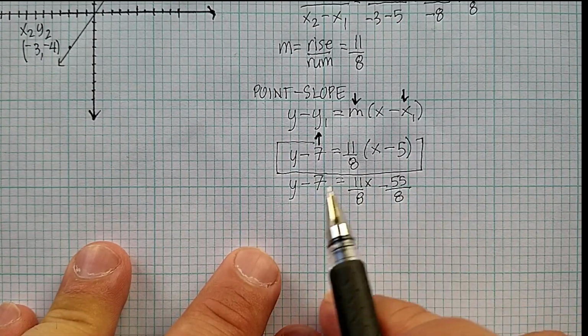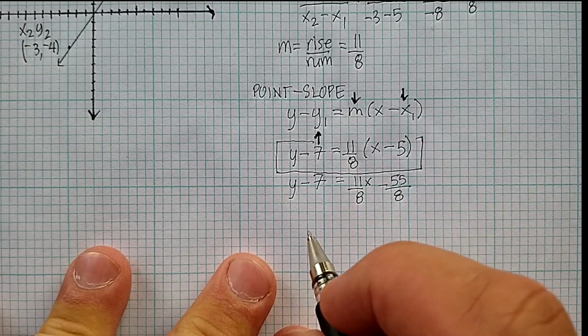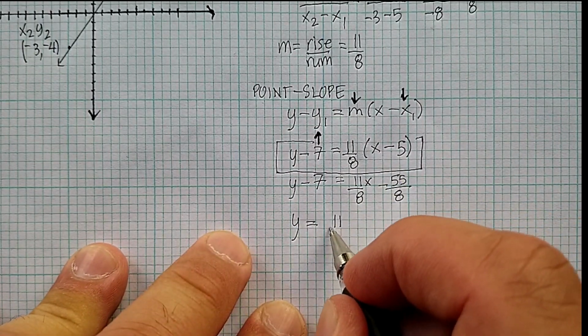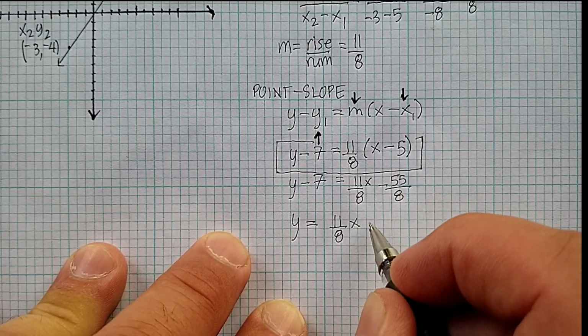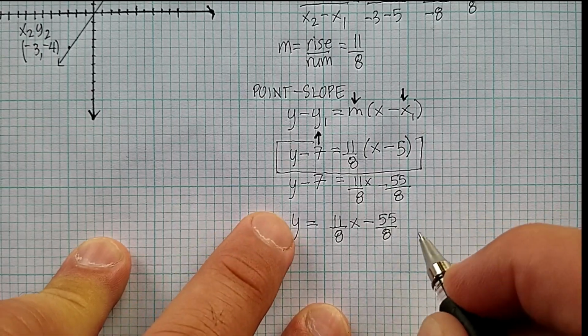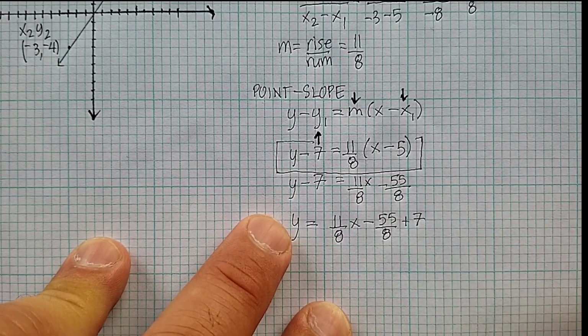I'm going to add 7 to both sides. So I'm going to get y is equal to 11 over 8x minus 55 over 8 plus 7.